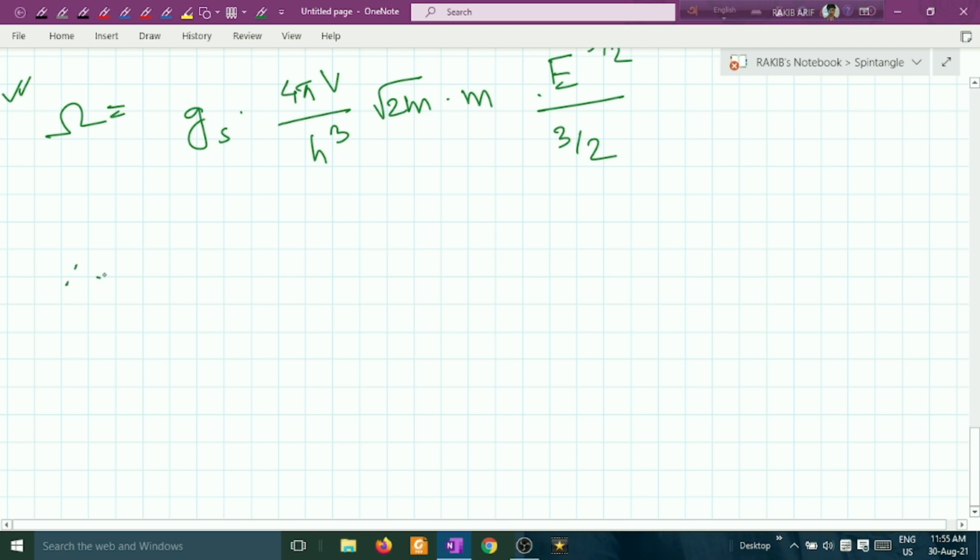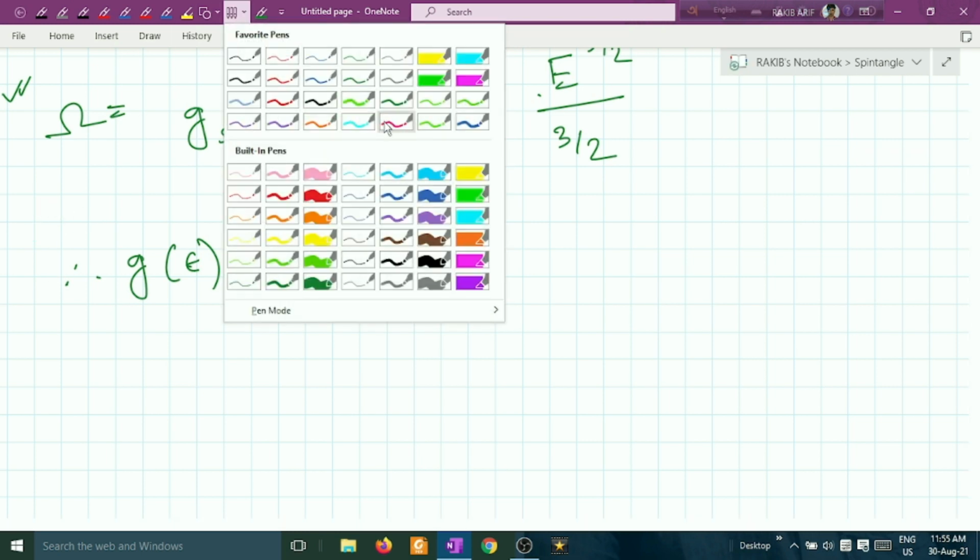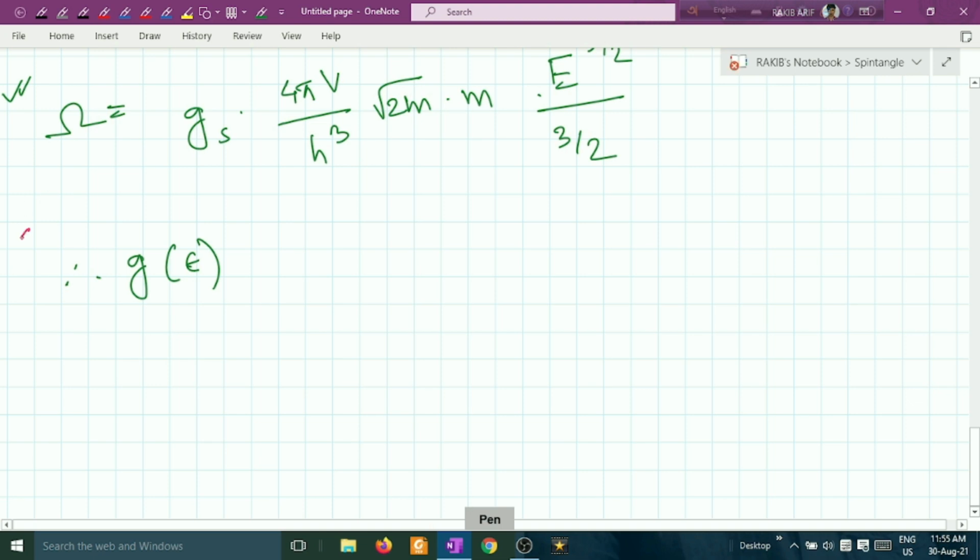Now the density of states g(E) will be given by d omega upon dE.